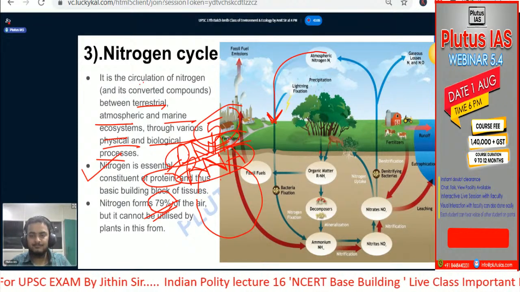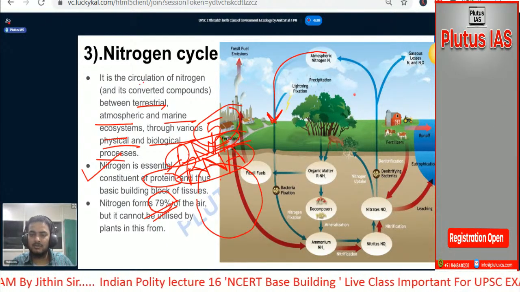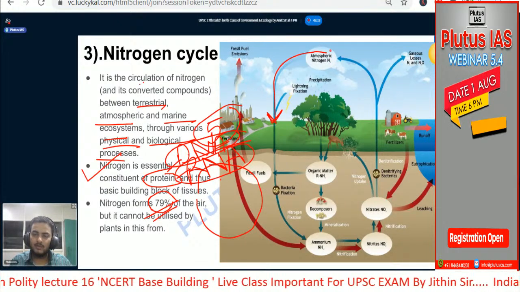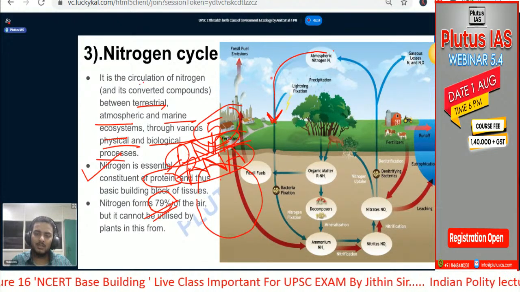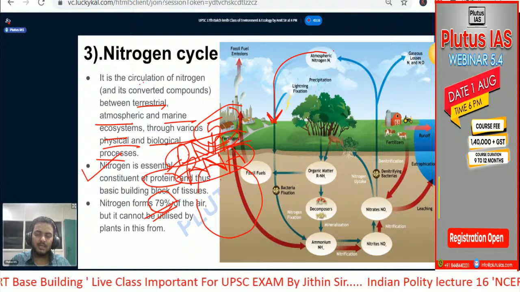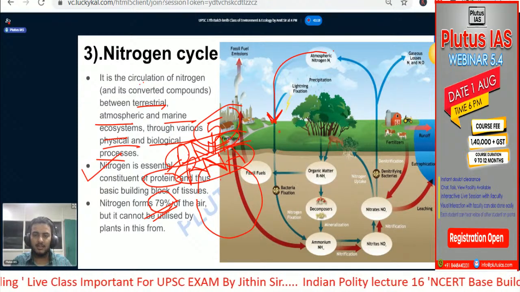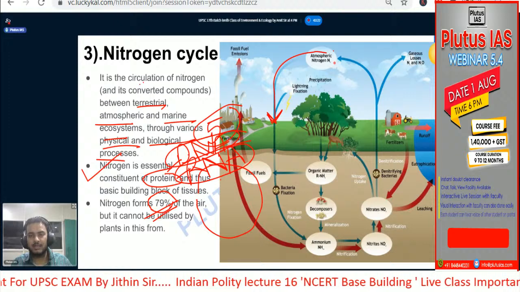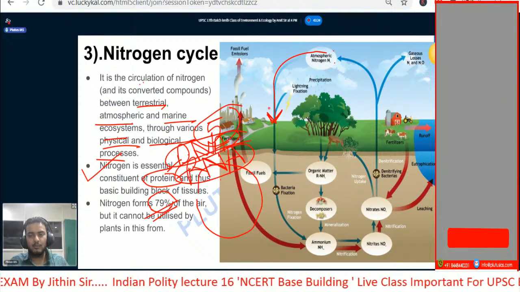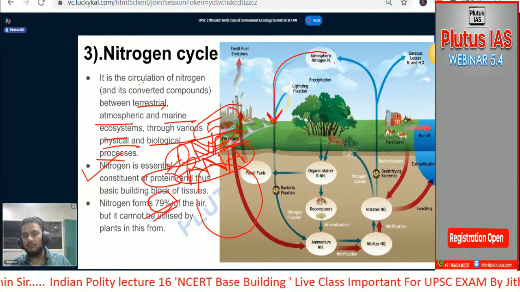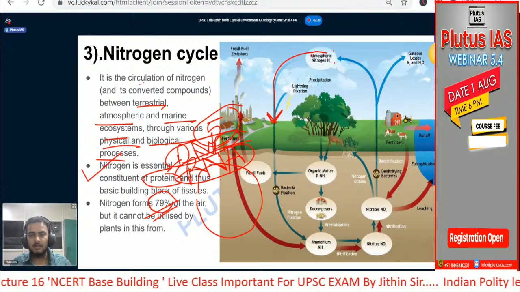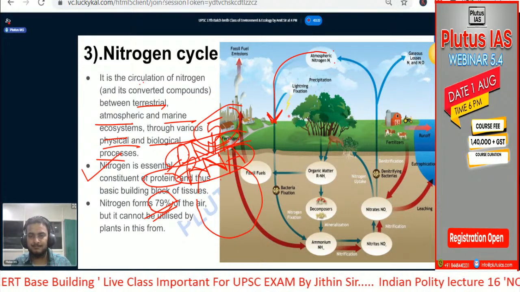Then coming to this cycle. First, atmospheric nitrogen is converted, or fixed, into nitrogen on Earth. This fixation takes place by conversion of nitrogen into ammonium compounds or ammonium ions; you can say conversion into ammonia.